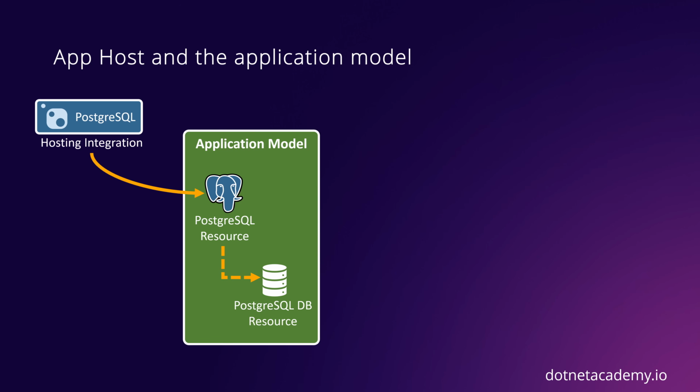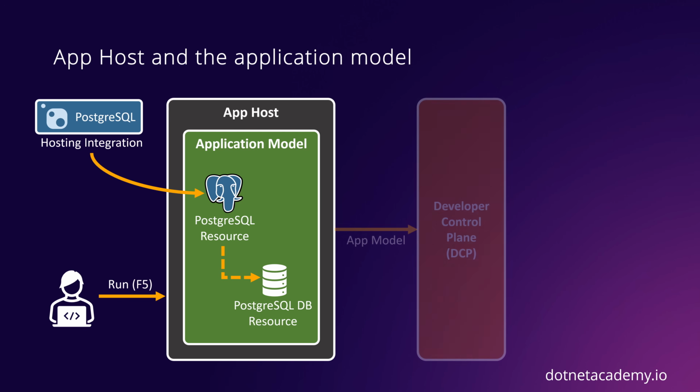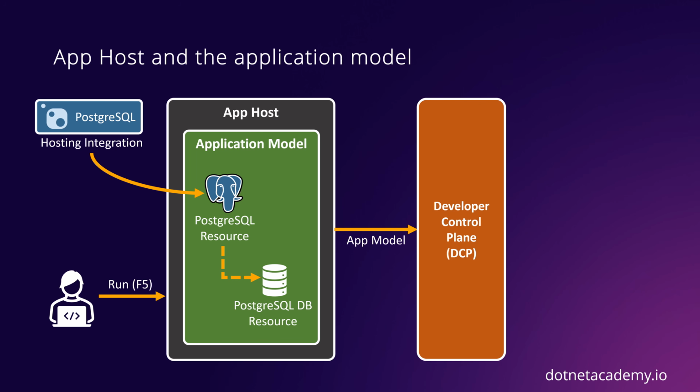As you saw, this application model is defined in the AppHost, a .NET Console application that orchestrates the application resources when you run the app either by the CLI or by hitting F5. The AppHost won't perform this orchestration directly, but instead will delegate it to the Developer Control Plane, or DCP. The DCP performs many tasks to honor the desired view of the resources expressed in the application model.